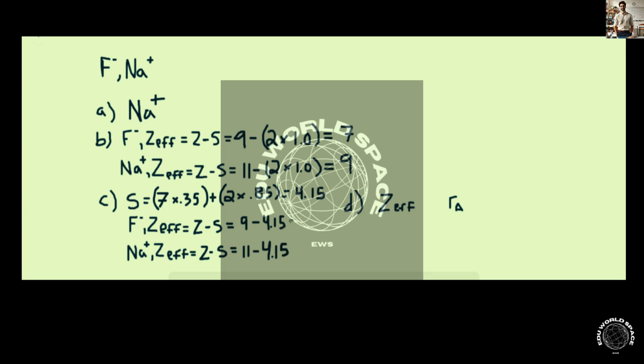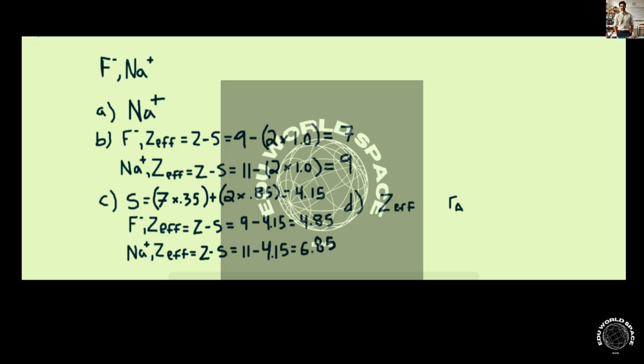And the difference for each of these is 4.85 and 6.85. So with both calculations, of course, sodium plus has a greater effective nuclear charge than F minus.